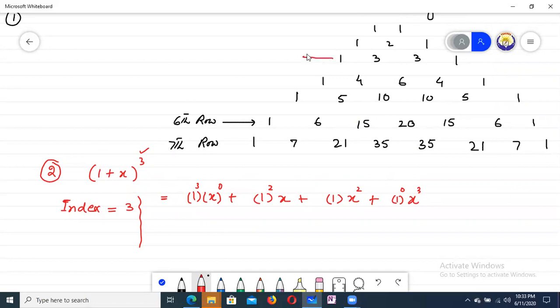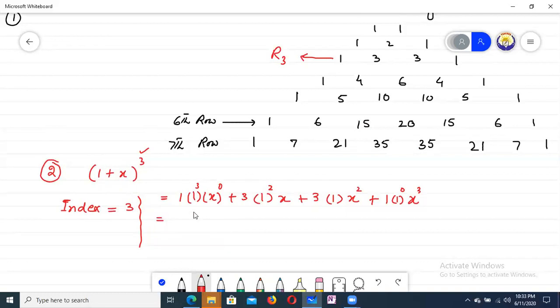Here the coefficients are 1, 3, 3, 1. Then we will place here 1, 3, 3, and 1. These are the coefficients of these terms.